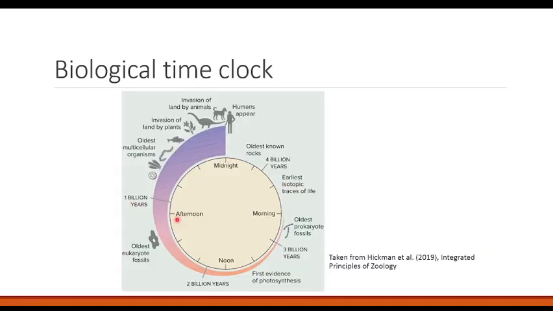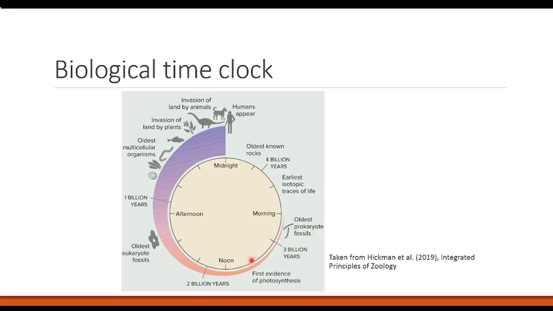So you have this biological time clock. At 4 billion years, life has possibly evolved. At 3.8 billion years, you have the isotopic traces of life, and then at 3.4 billion years, you have the oldest prokaryote fossils discovered.